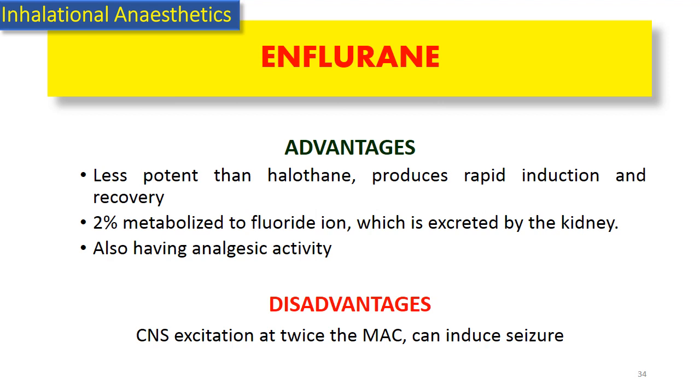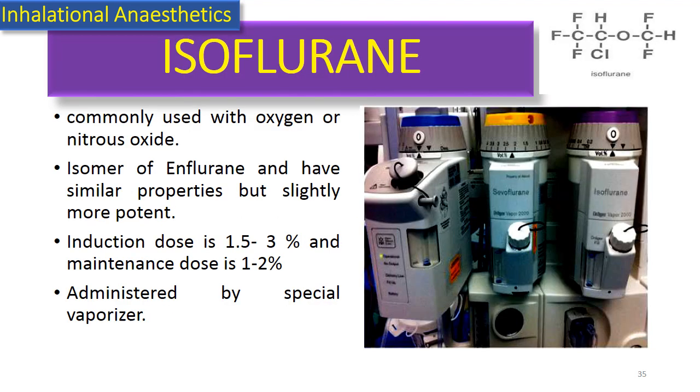Only 2% is metabolized to fluoride ion, which is excreted by kidney, and it also has analgesic activities. There is CNS excitation at twice MAC and can induce seizure, which is considered a major disadvantage of enflurane.